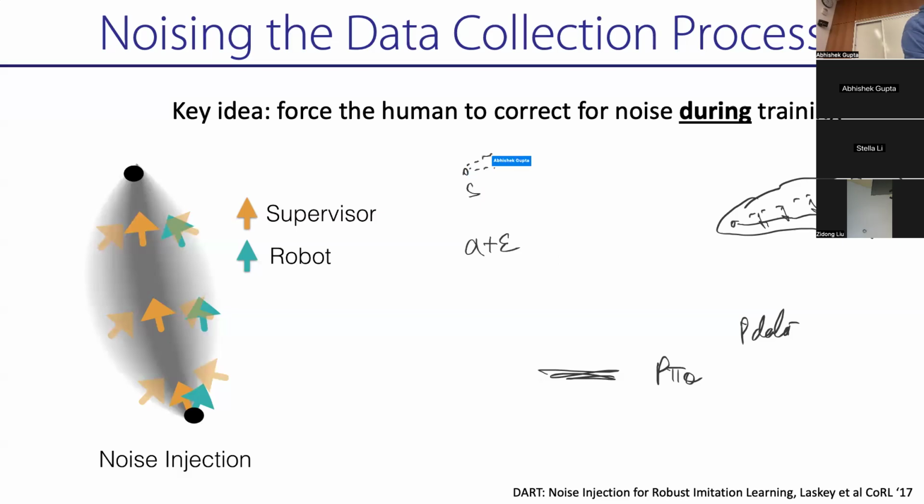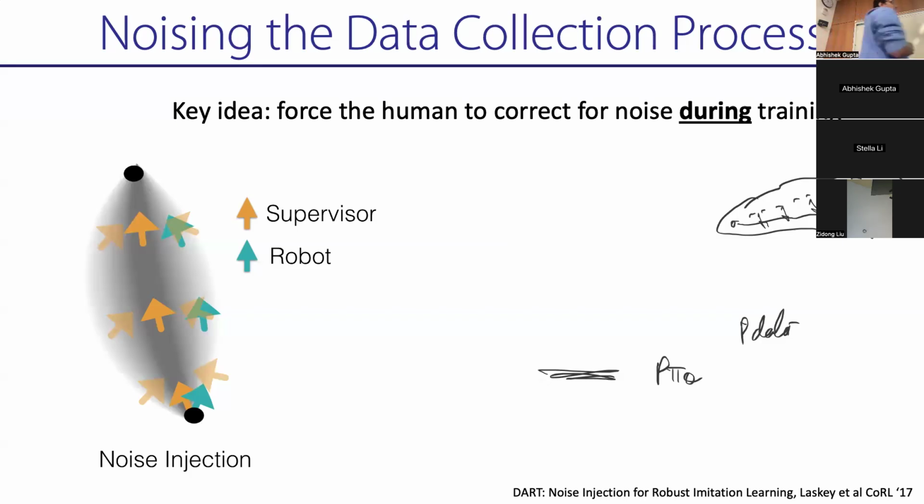You're instead going to do this, and then you're going to record S comma A plus epsilon, right? But the human is just going to end up bringing you back. So you're going to get data coverage around the optimum. So the key idea here is you're going to collect data with a bit of noise during your training time, and that's going to help a lot at test time.